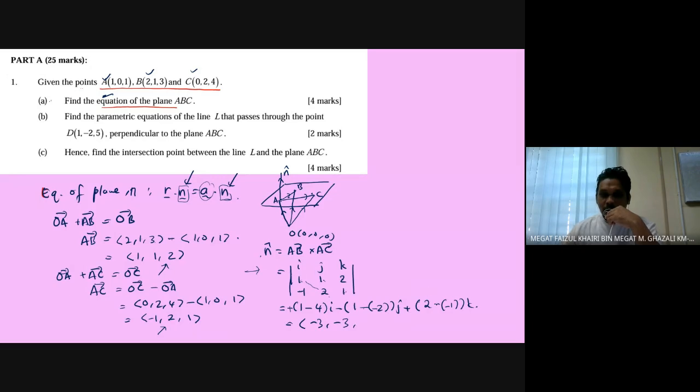And then for k, 2 minus negative 1, negative negative becomes positive, so 2 plus 1 equals 3k.